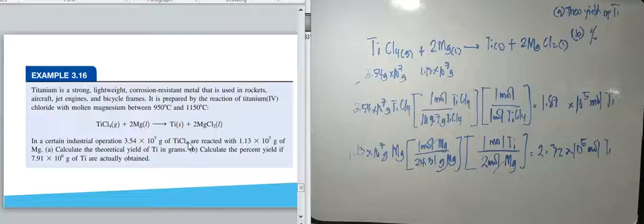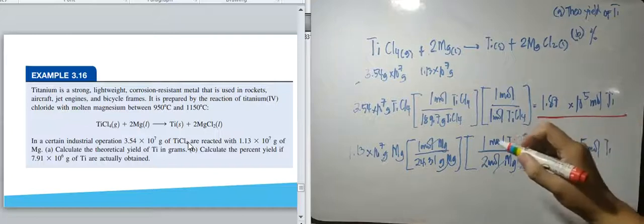So, therefore, titanium 4 chloride is our limiting reactant or reagent because it produces a smaller amount of titanium. Okay, so we'll take note our limiting reactant.